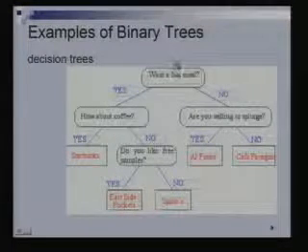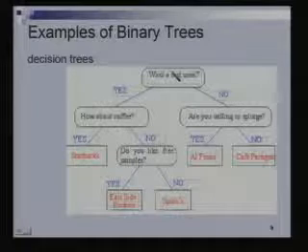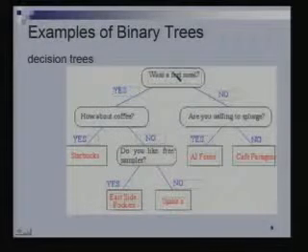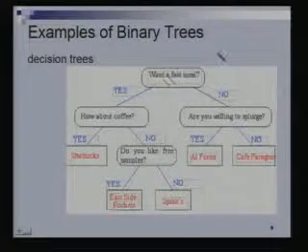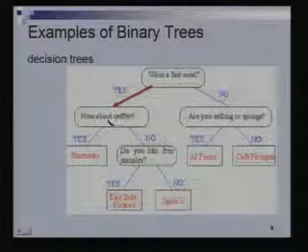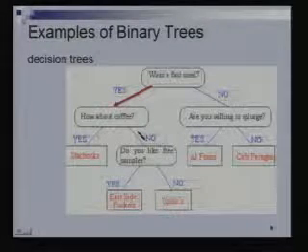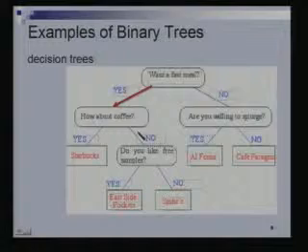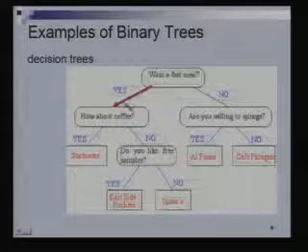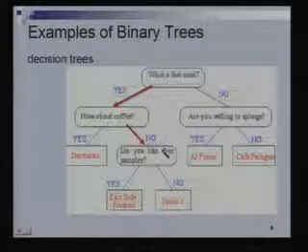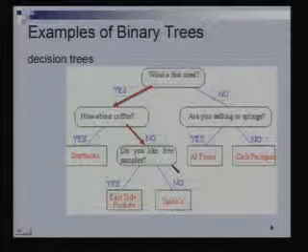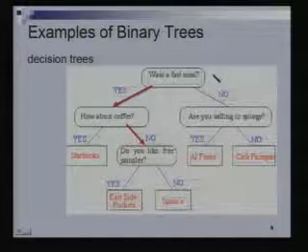You come to the top root node and you ask whether you want a fast meal. If the answer is yes, then you come to this node, whether you want a coffee or not. If the answer is yes, you go to Starbucks. If the answer is no, you maybe go to some other place, and so on.